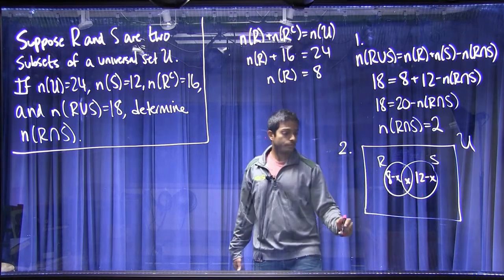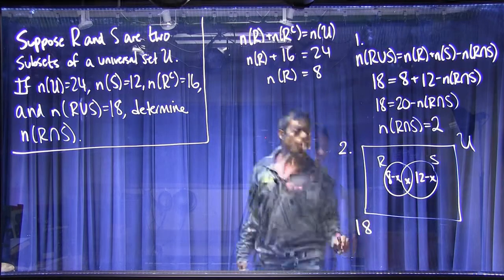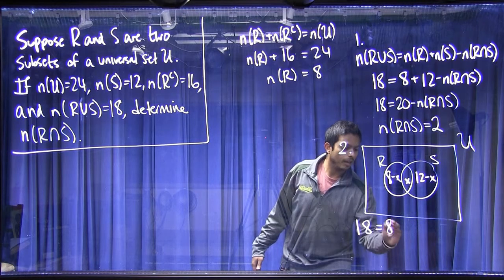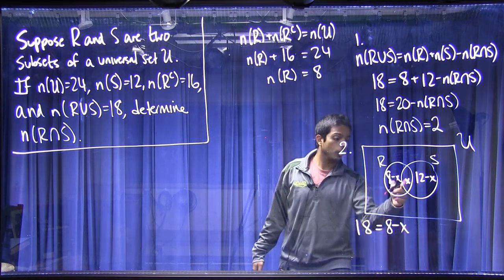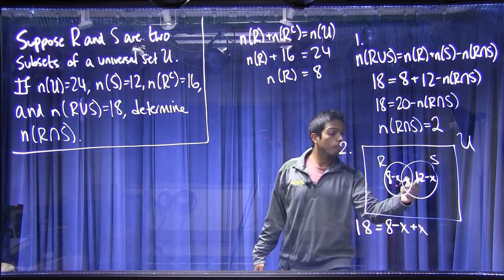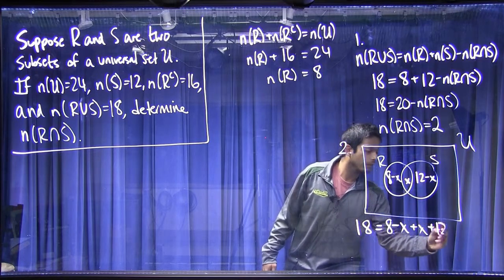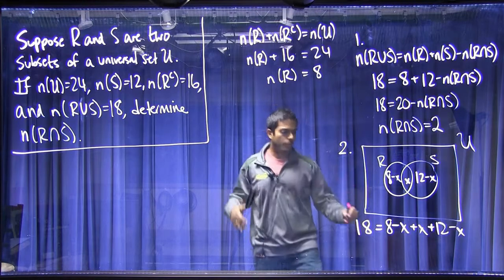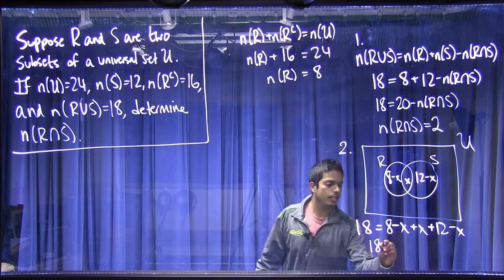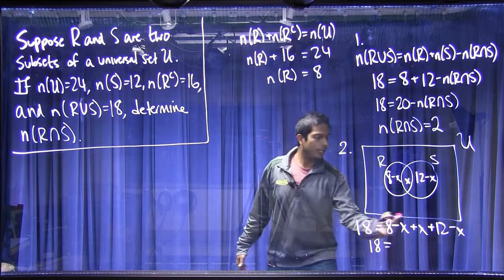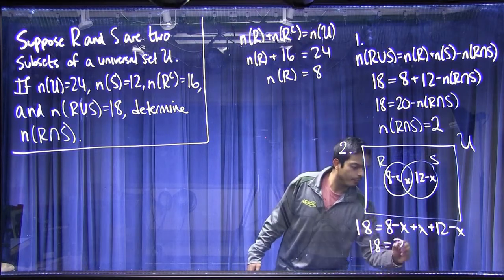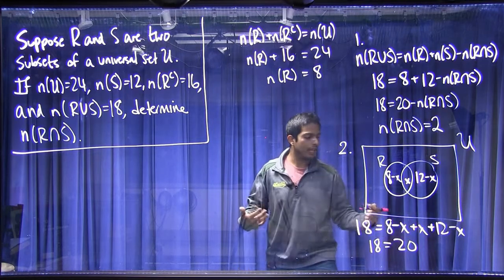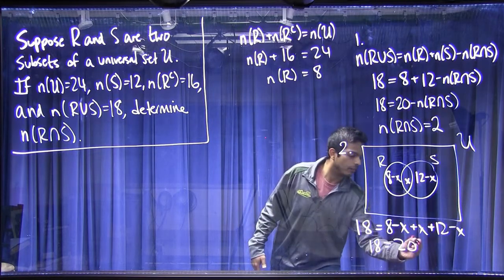In other words, 18, which is the number of elements in R union S, is equal to 8 minus X, that's that part, plus X, plus 12 minus X. Let's simplify that a little bit. On the left side we have 18. On the right side, 8 plus 12 is 20. Then we have a negative X and a positive X, so those cancel out, and we still have a negative X over there.